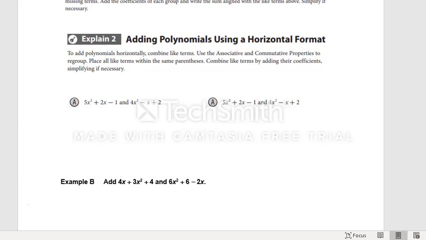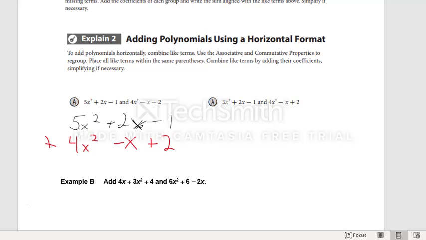So we're going to add the two polynomials. Start with 5x squared plus 2x minus 1. We're going to write them vertically, so write the other one below it. It's got a 4x squared, write that below the x squared. It has a minus x, put that below the 2x, and it has a plus 2, put that below the number.